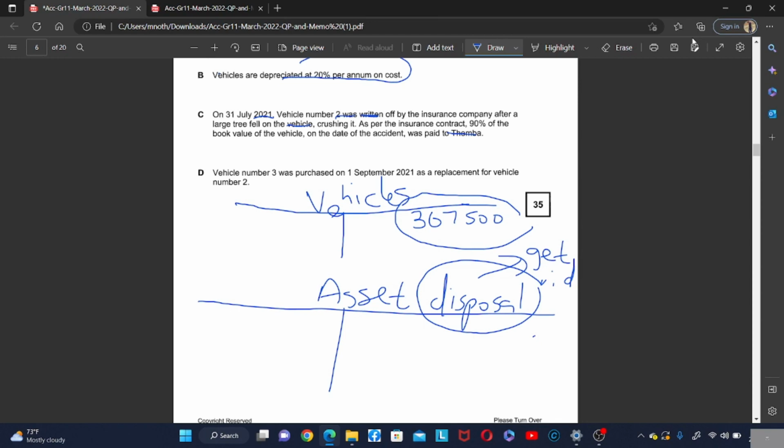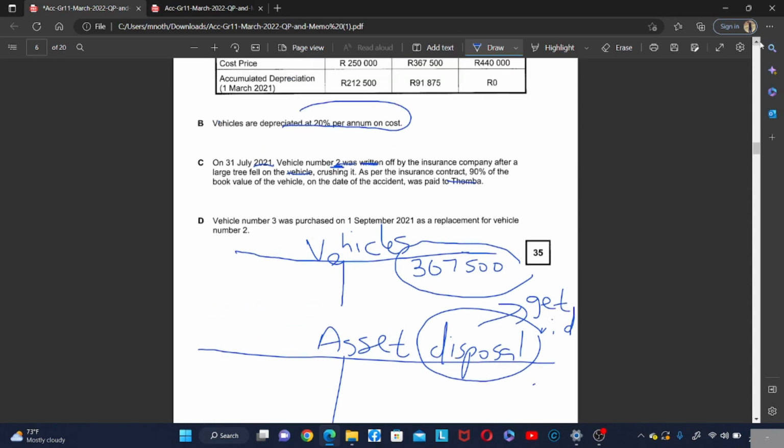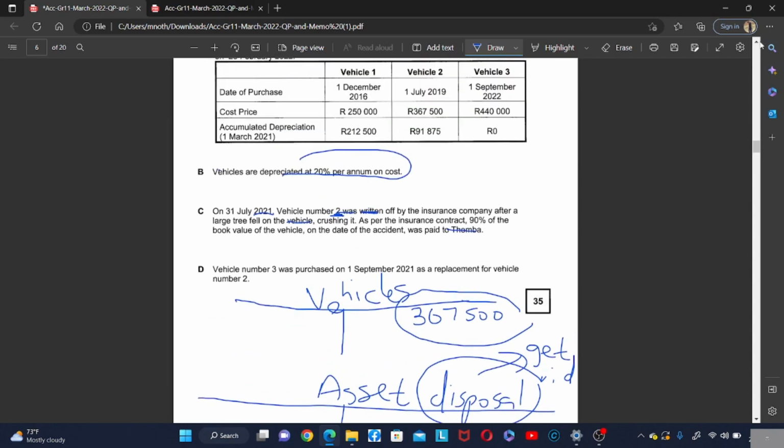So the business is getting rid of this asset, vehicle number 2, which has a cost price of 367,500. Because the business is getting rid of this asset after it was crushed, the vehicles of the business have to decrease.